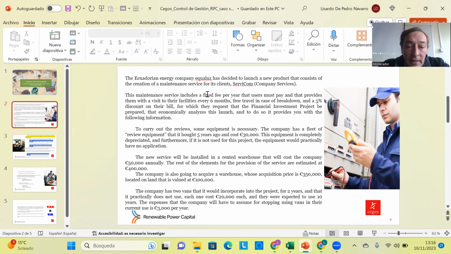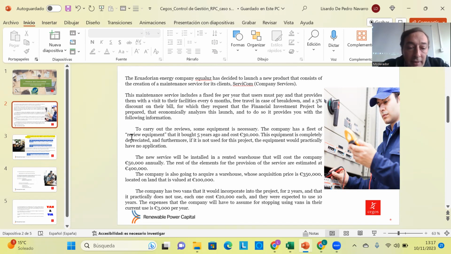This maintenance service includes a fixed fee per year that the user must pay and provides them with a visit to their facility every 6 months, free travel in case of breakdown, and a 5% discount on their bill. For this, they request that the final investment project be prepared and the economic analysis launched, and to do it they provide the following information. To carry out the reviews, some equipment is necessary.